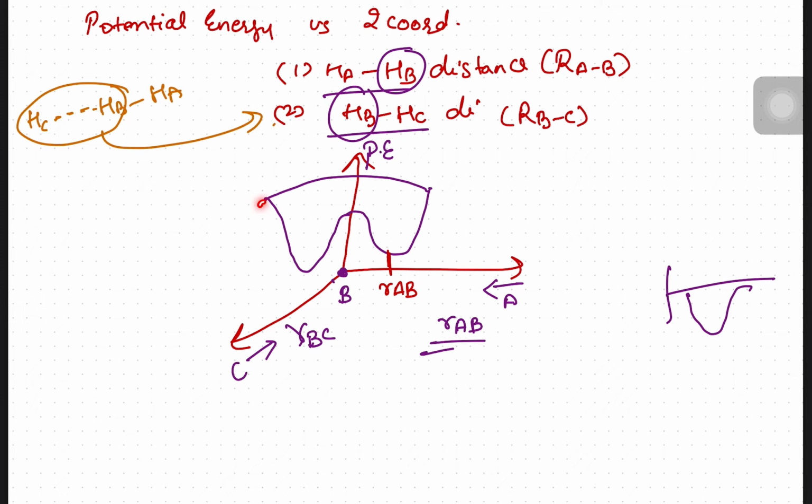Similarly, as C moves towards B, the potential energy decreases. At this point the bond formation takes place, so this point is R_BC. Now further, if I make atom C move closer towards B, then the potential energy increases. So this is basically the combination of two graphs. This was the potential energy diagram for the H3 system.